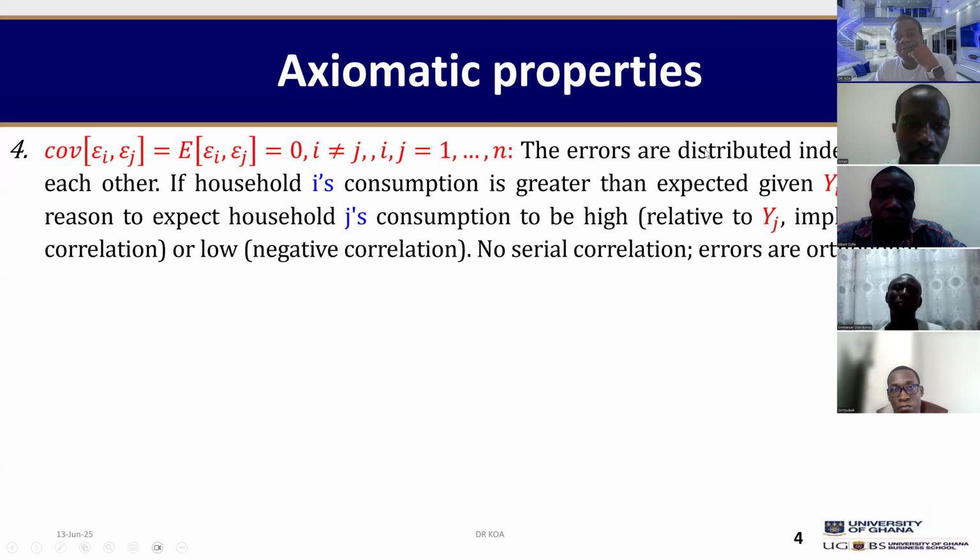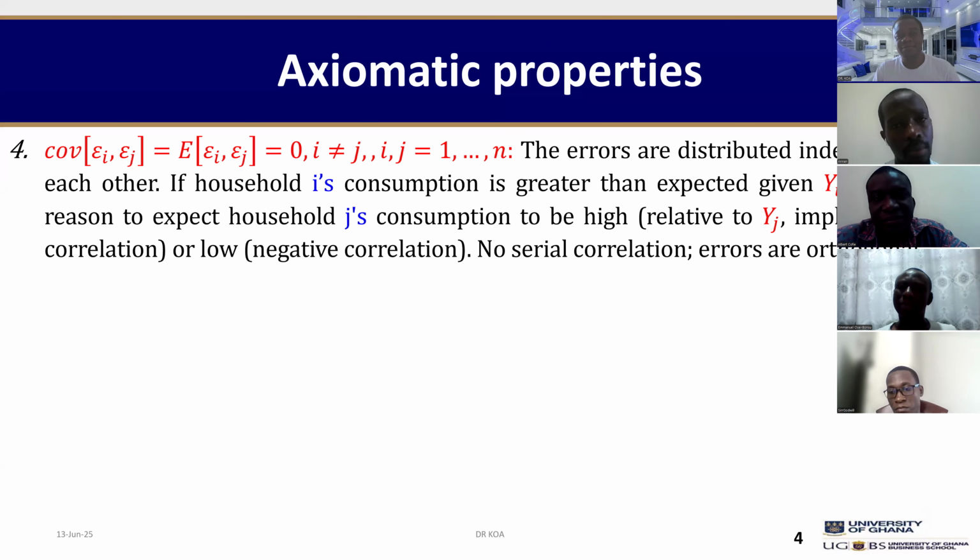Ima? No idea, sir. Albert? Look, they are independent. No, really. No. What's the difference between error I and error J?